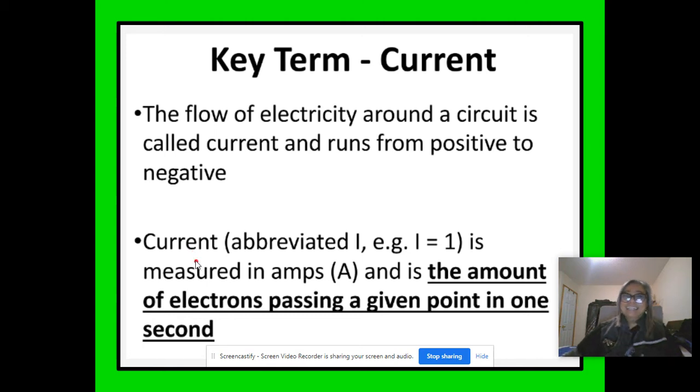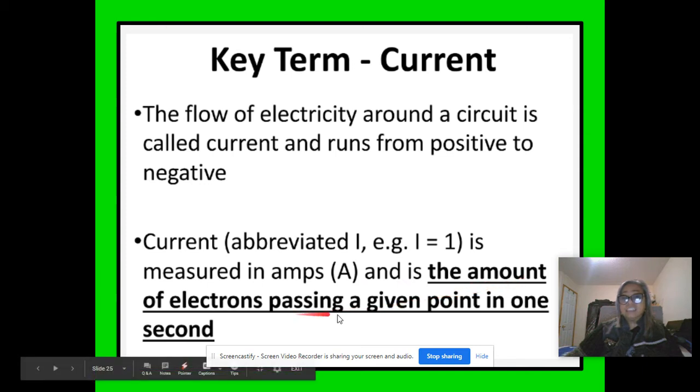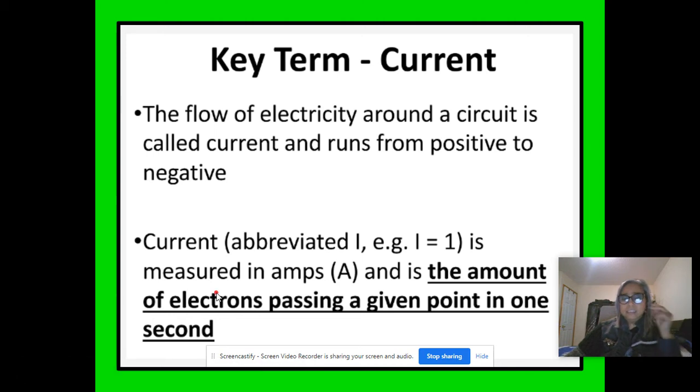We represent it as a letter I. It's measured in amps, or letter A, and is the amount of electrons passing a given point in 1 second. Remember, electricity is the flow of electrons. Therefore, if we try to remember the idea of current, it's the amount of electrons there.